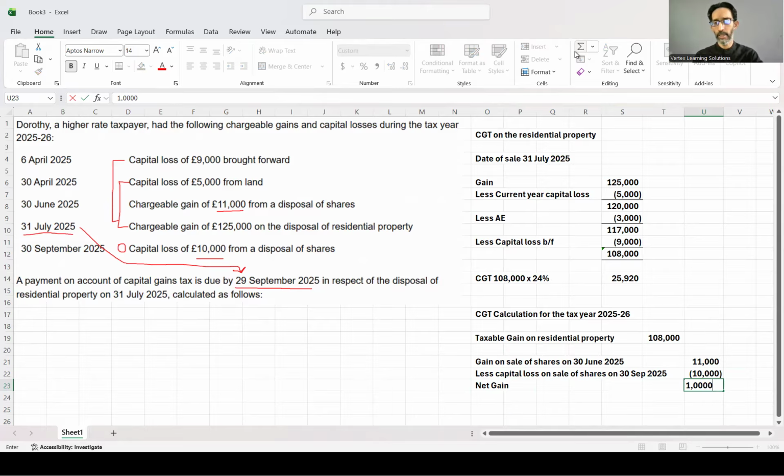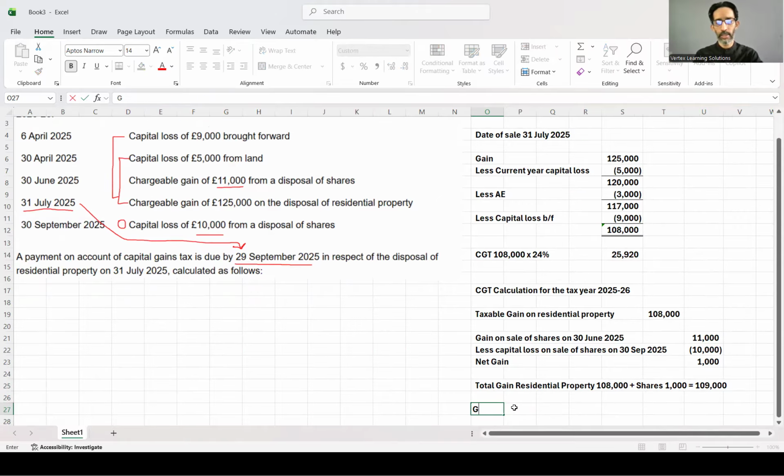Okay, so on this 1,000, we have this. Overall, the total gain includes the one that is on residential property, which is 108,000, and the other one on the shares, which is 1,000. So in total, it is 109,000.